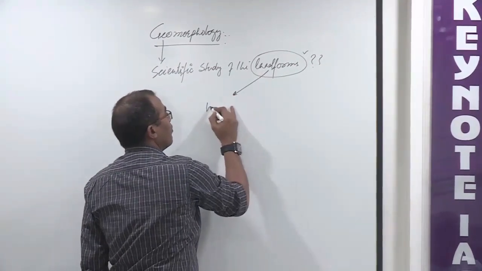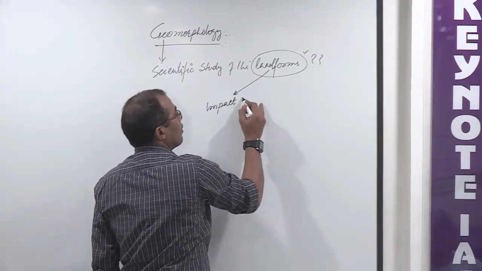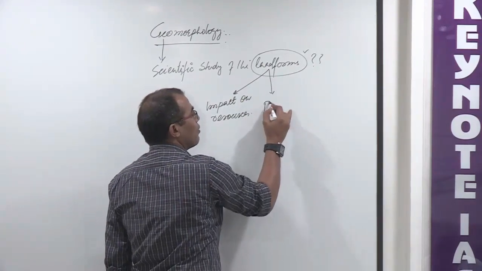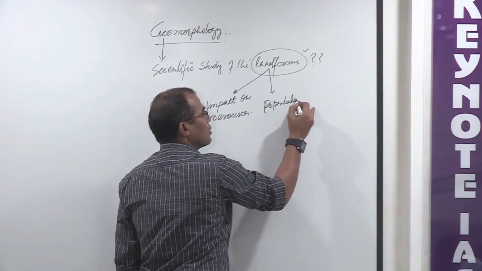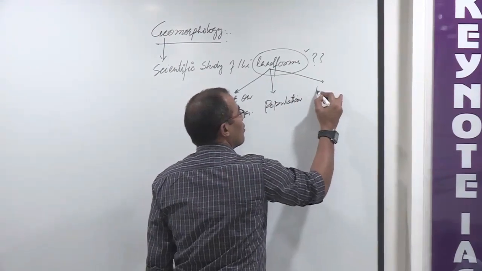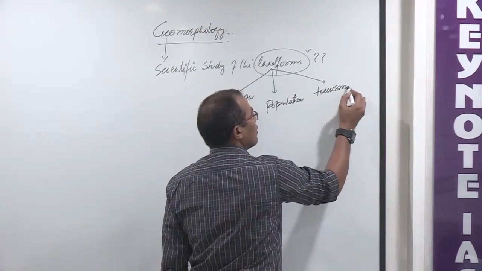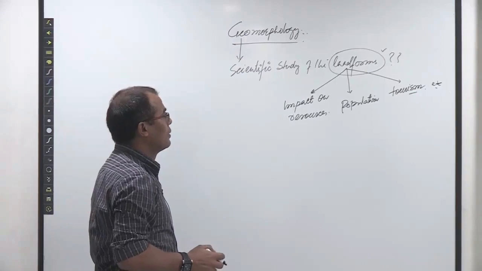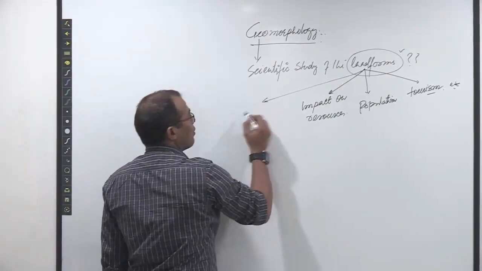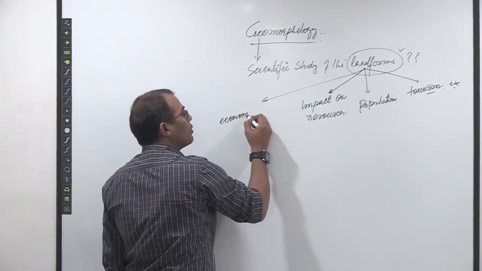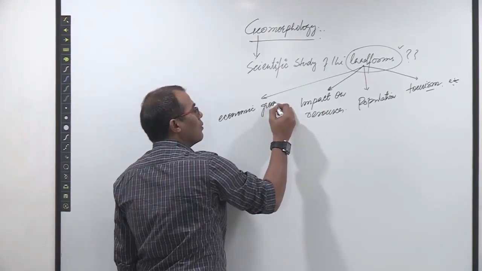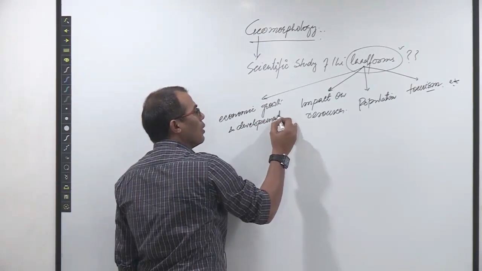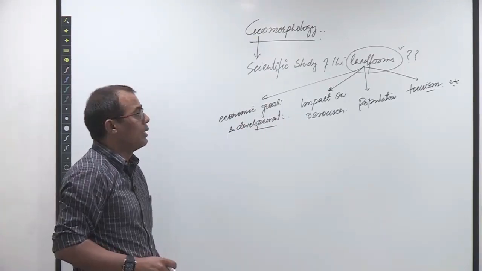Landform impact on resources, the impact of landform on population, that is social geography, the impact of landform, let's say, on tourism, like that is the social and economic consequences of landforms. The impact of landforms on economic growth and development. These all can be a separate question where we need to think about.